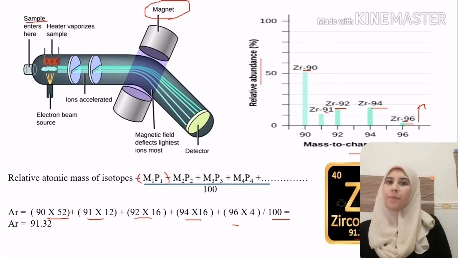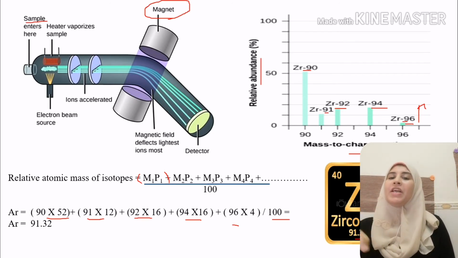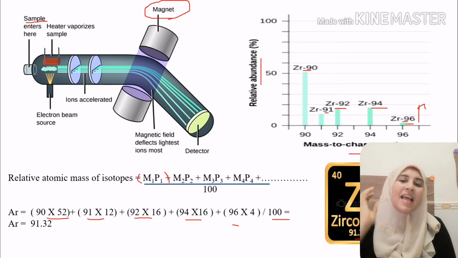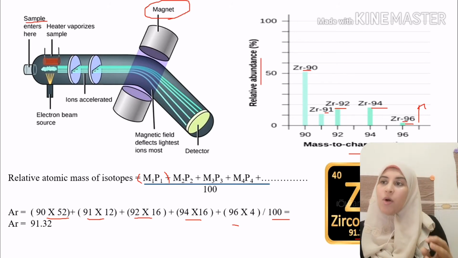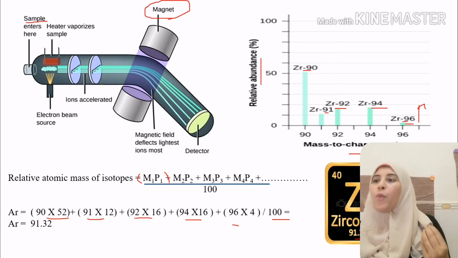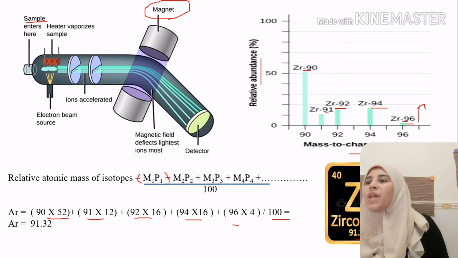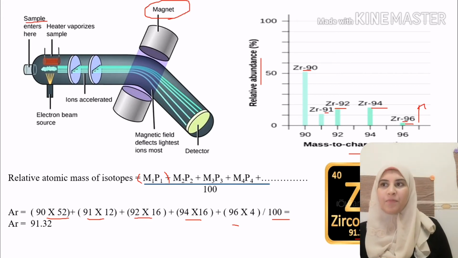The second step. Take care. Your calculated value of relative atomic mass must be related to the mass of the isotope with the highest abundance. Let's look at our example. We have 90 at 50% and all the others make up the other 50.